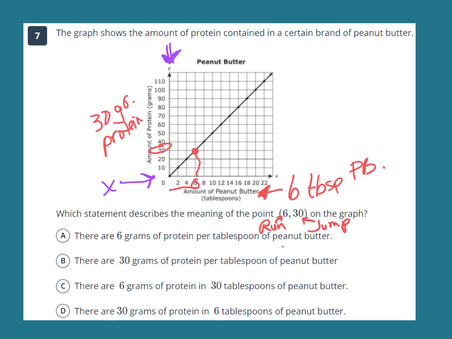We do need to reduce this, right? Or do we? Because all of these are 6 and 30, so we don't need to reduce it. It's not in its unit rate form. Okay, so we do know, however, that k is equal to y divided by x, right? So that means y is my 30 grams of protein over 6 tablespoons of peanut butter.